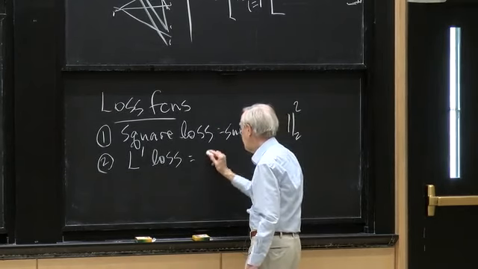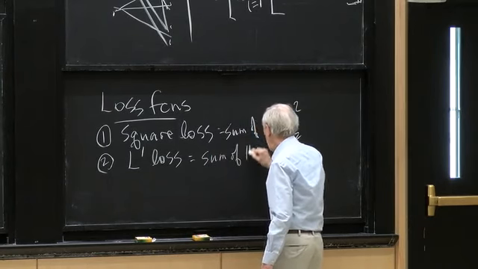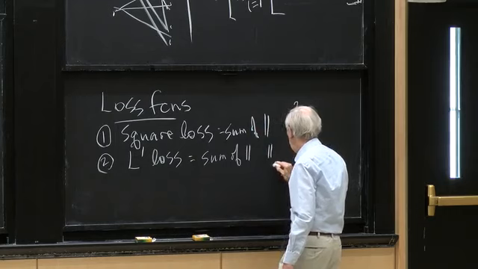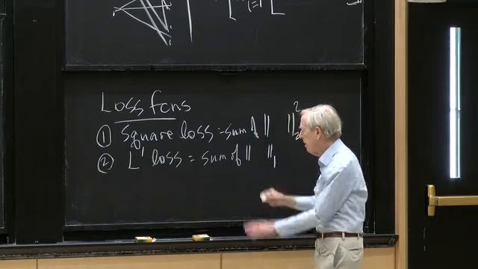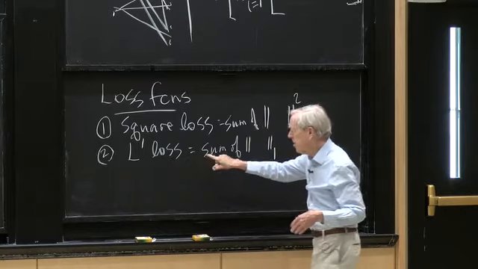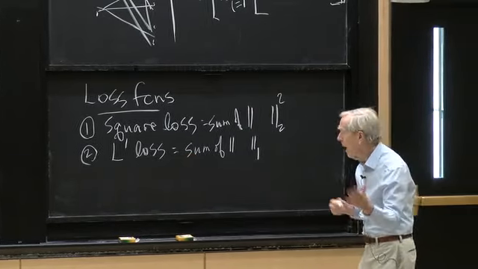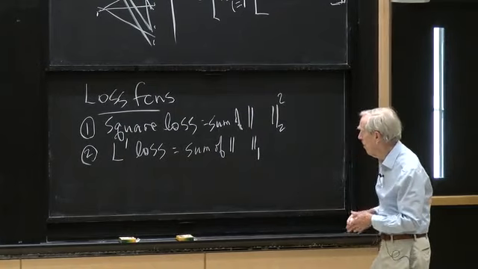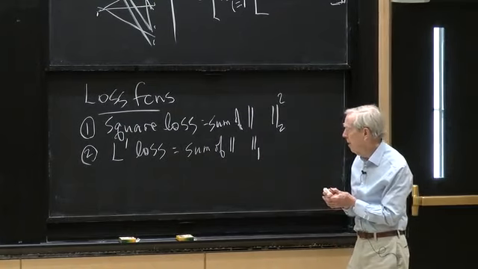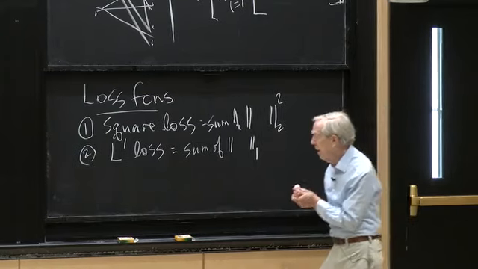The L1 loss could be the sum over i of the L1 losses. Well, this comes into specific other problems like lasso and other important problems. You're minimizing an L1 norm, but not in deep learning.